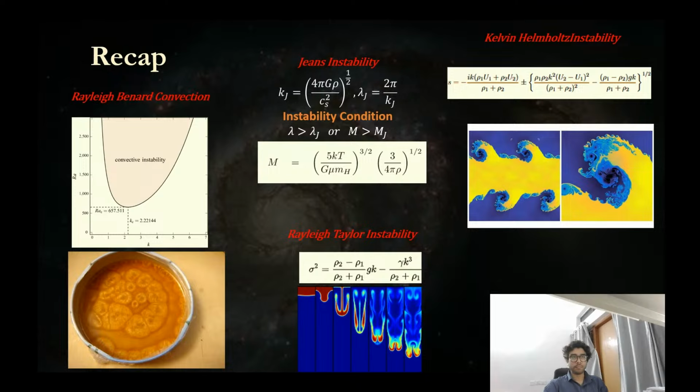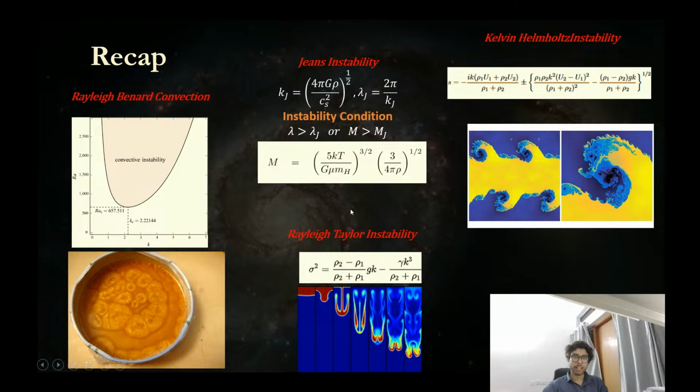When you have dense matter somewhere and it falls under gravitational collapse, we have to calculate what is the length scale of that matter which would cause this collapse, and what should be the mass of the matter such that the gravitational collapse happens.